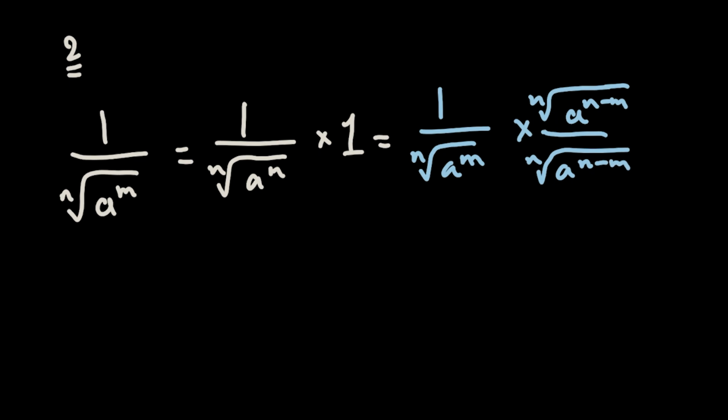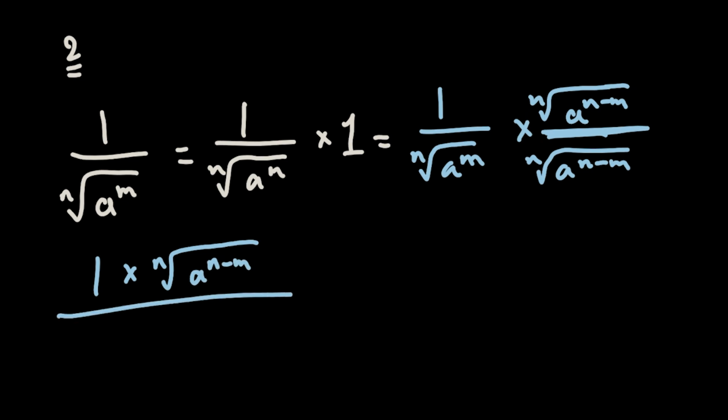Okay, let's see what will happen here. So we will have 1 multiplied by the nth root of a to the power n minus m. And here we will have the nth root of a to the power m multiplied by the nth root of a to the power n minus m. Let's see.